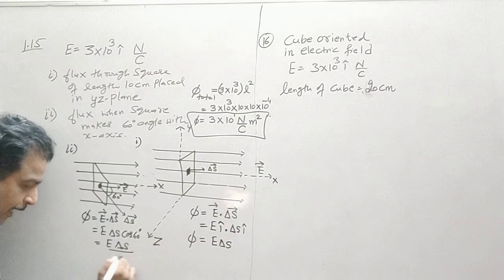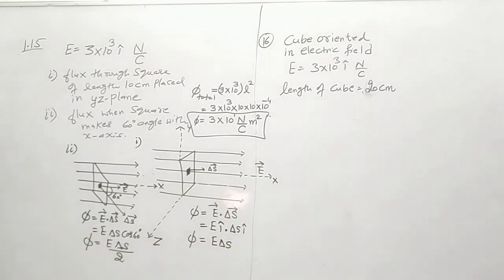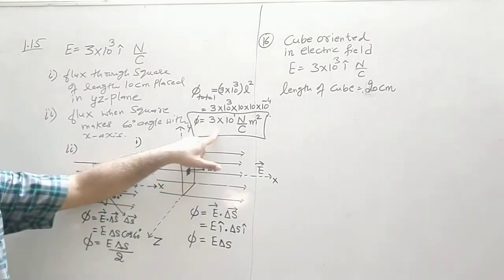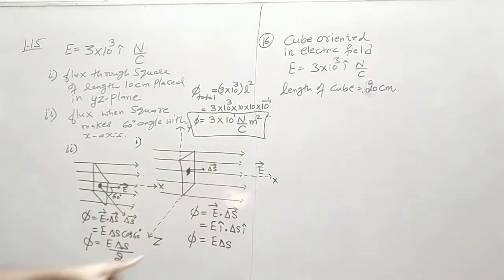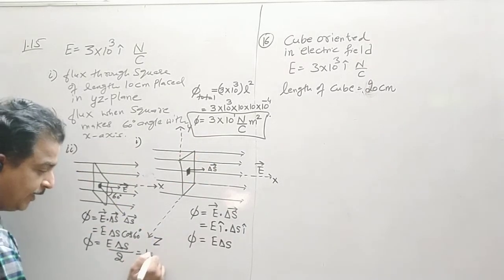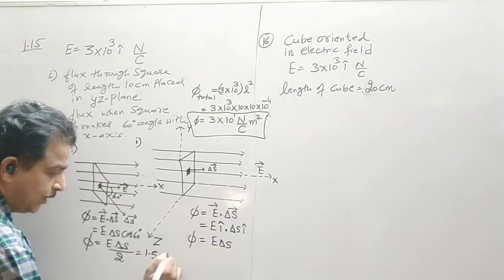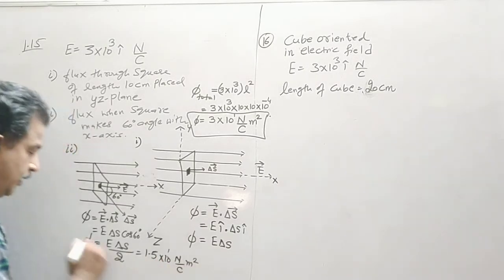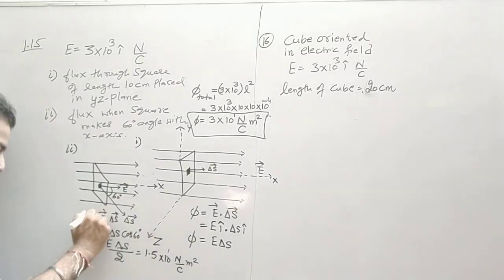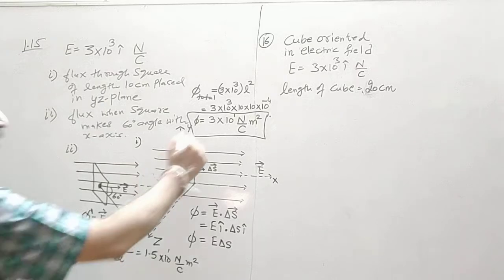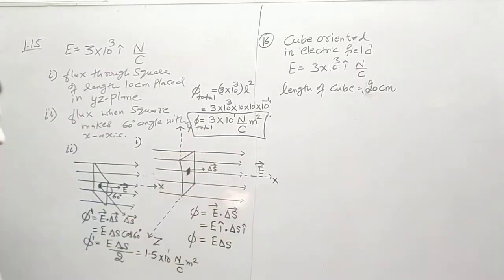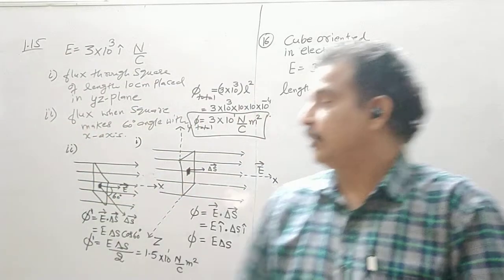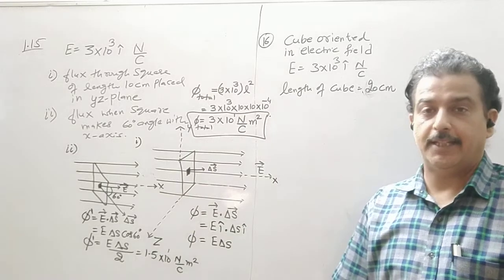So E delta S by 2, cos 60 is half. E delta S is found here, divided by 2, that is half of it. The answer will be 1.5 into 10 raised to 1 or 15 Newton per coulomb meter square. So let this symbol be phi dash instead of phi, because we have given this symbol phi total here. So phi total here will be half of this if the square makes an angle 60 degree.